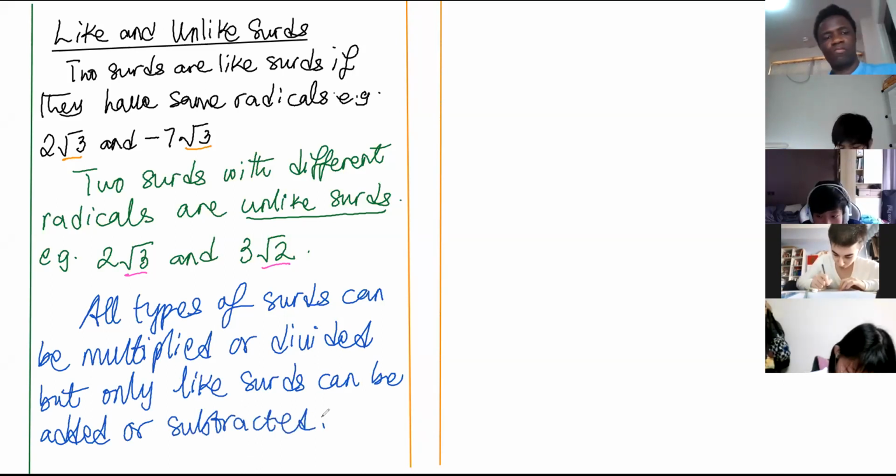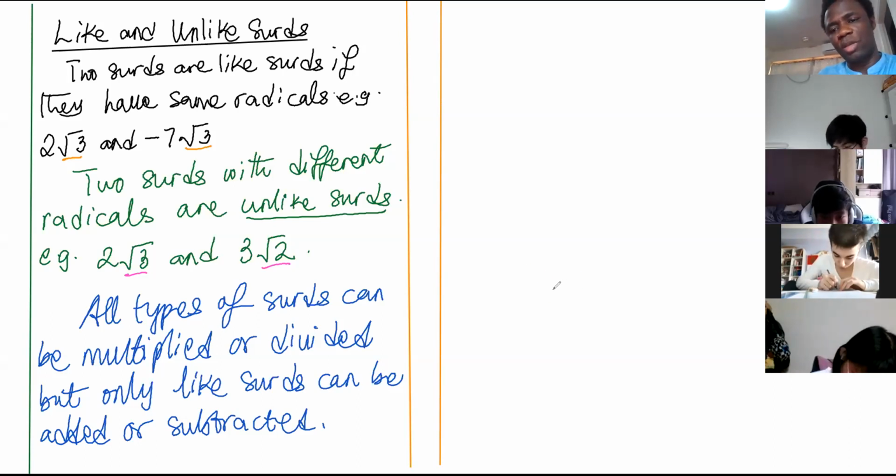That is the reason we are interested in like and unlike surds. So before we go into that, we would like to see how single surds can be simplified. We call them monomial surds.